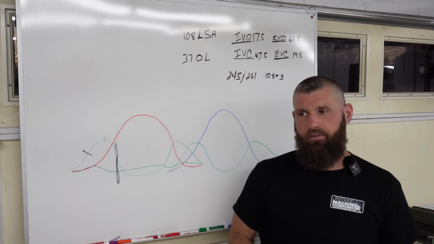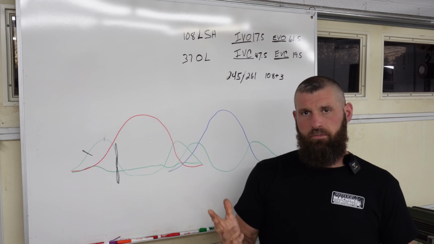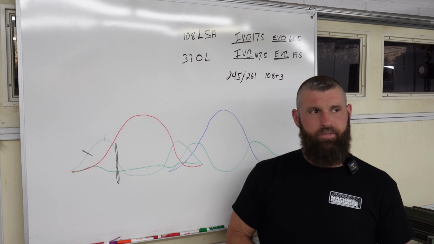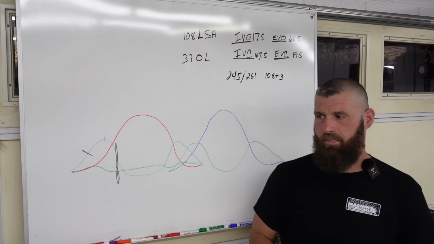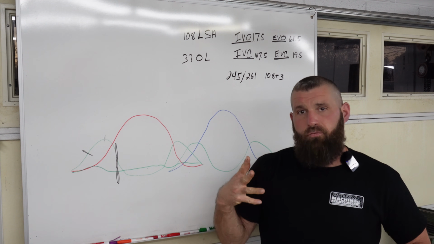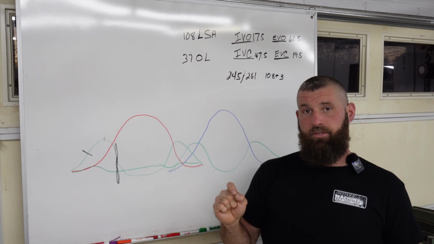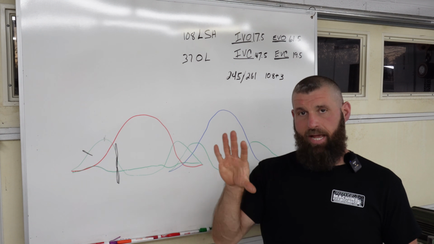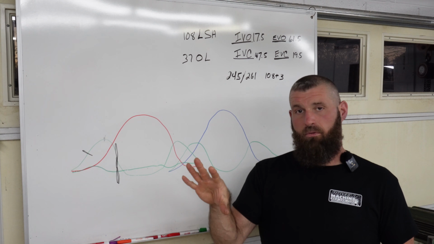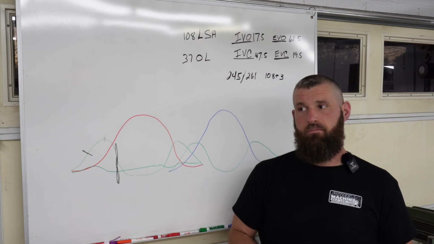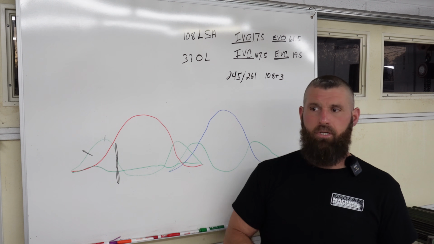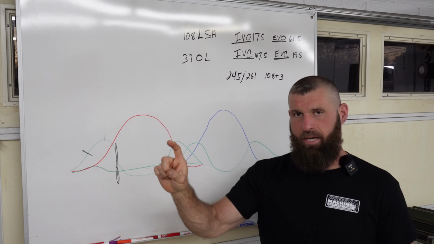So, for instance, Bob's deal, and again, I should have this information in front of me. I think the head flows a little over 300. I can't remember exactly, but 315, 317, something like that. If Bob had 20 more CFM, he could do the exact same job he's doing now with probably 10 or 12 degrees less duration. It would make the exact same power.